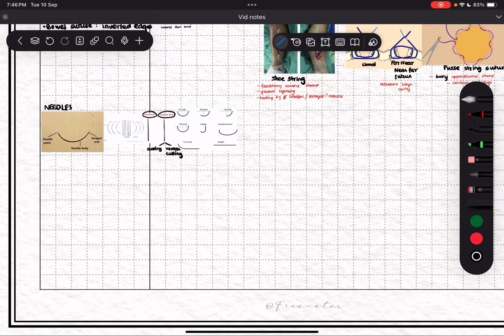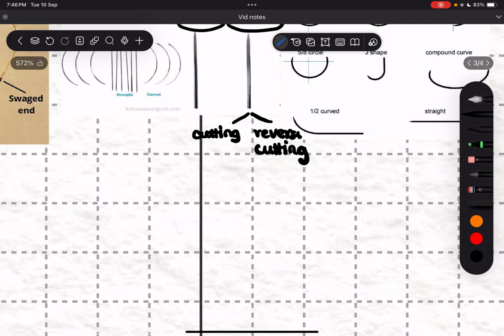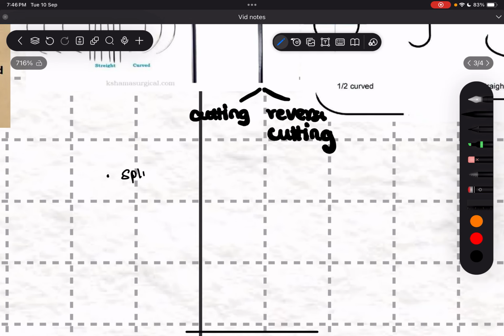Now these are round body. What is the difference between a round body needle and a triangular body needle? The round body needle splits the tissue, whereas cutting or reverse cutting needles cut the tissue.